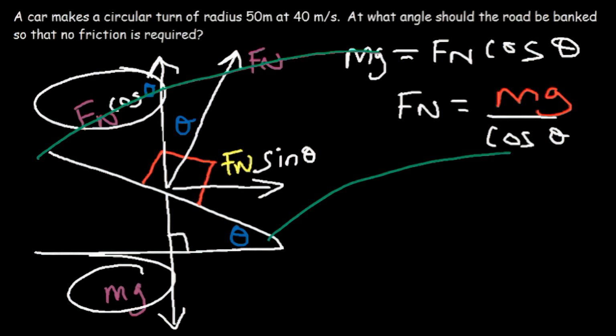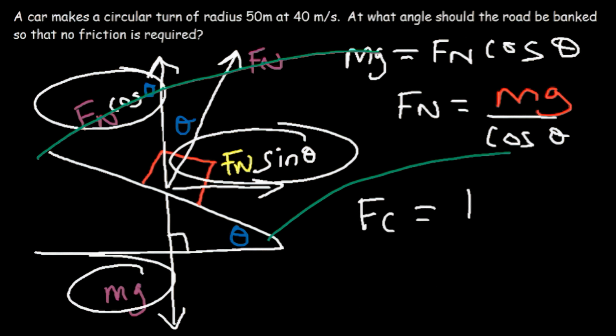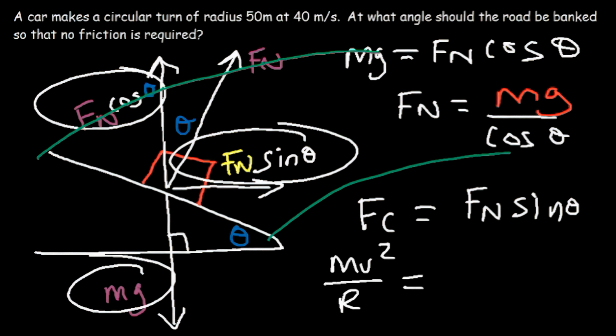So, on a bank surface, depending on the angle, a car can make the turn without the help of friction, because the normal force can provide the centripetal force, or at least the component of a normal force can provide the centripetal force required to make the turn. So we're going to set Fc equal to Fn sine theta. So mv squared over r is equal to the normal force times sine theta.